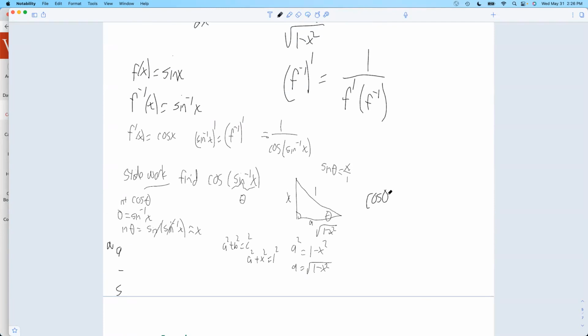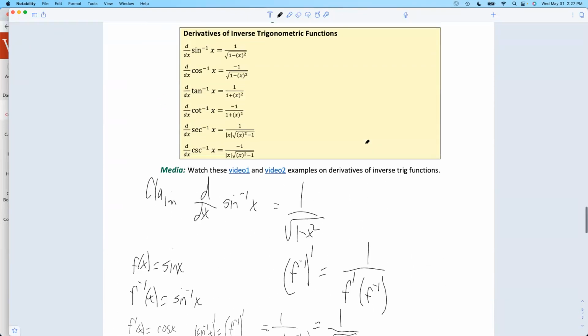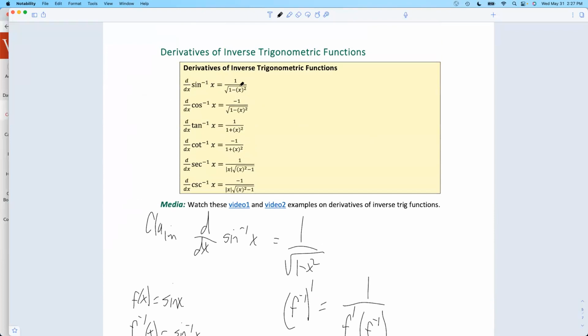Cosine of theta will be adjacent over hypotenuse: root of 1 minus x squared over 1. Okay, so right there, that's what that was. Cosine of theta was the square root of 1 minus x squared. So now we have just proven this formula right here.